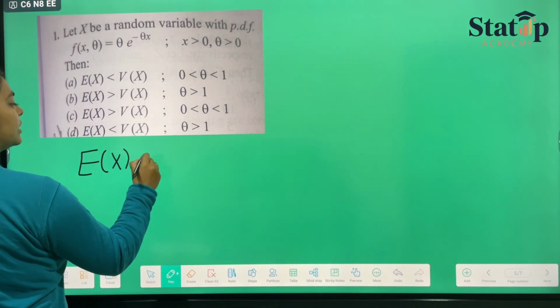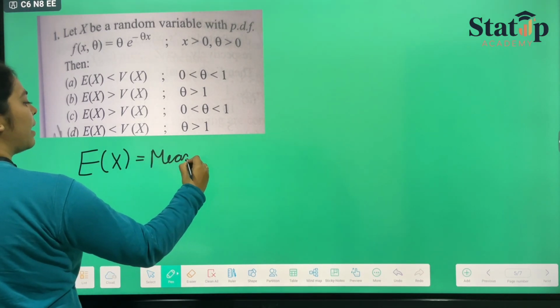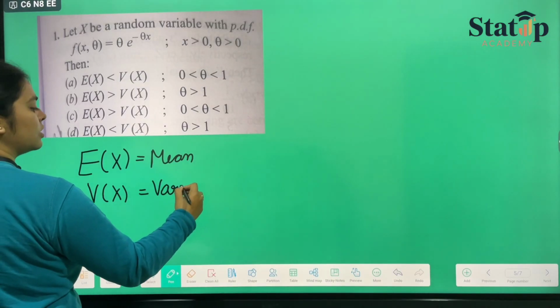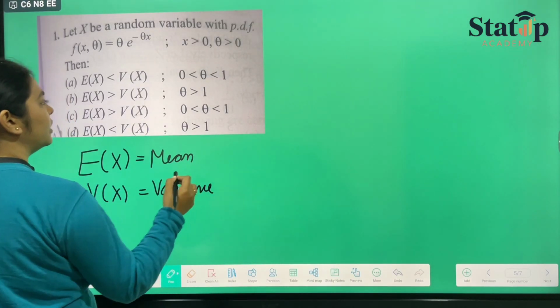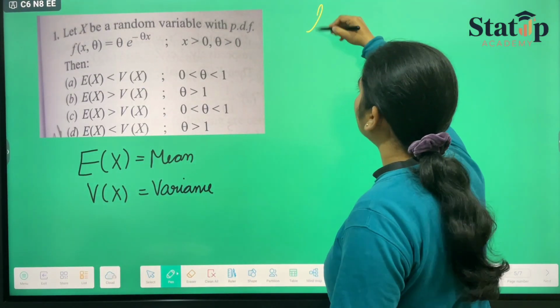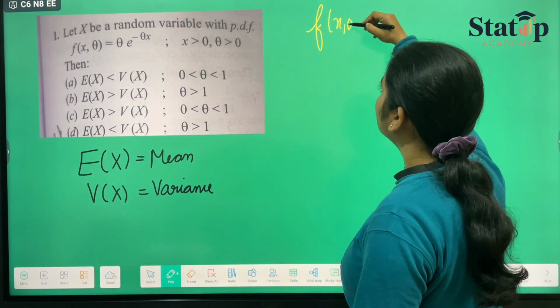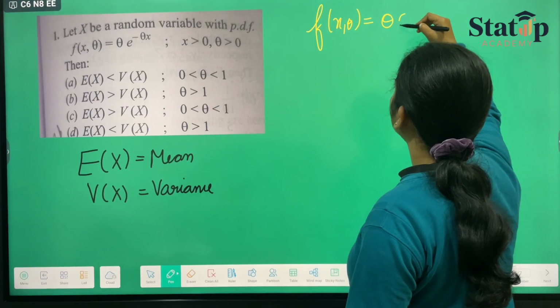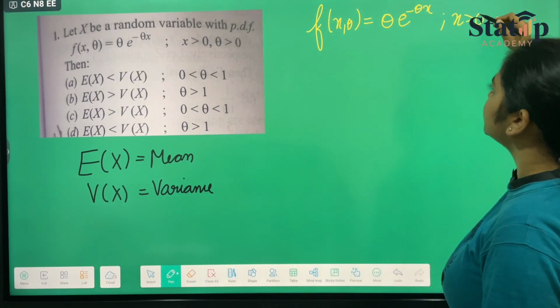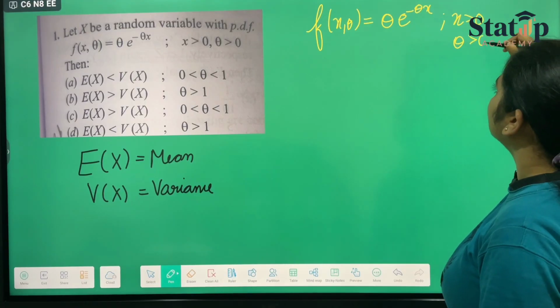Expectation of x is nothing but the mean, and V of x is nothing but the variance. We have been provided with an exponential distribution, f(x, theta) = theta e raised to the power minus theta x, where x is greater than 0 and theta also is greater than 0.